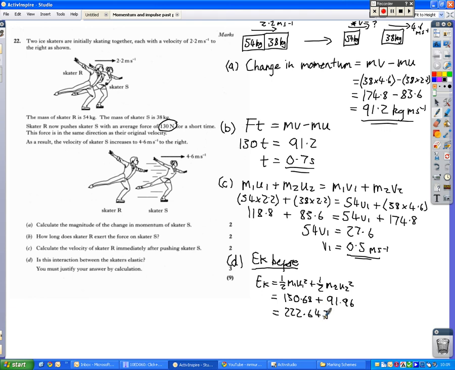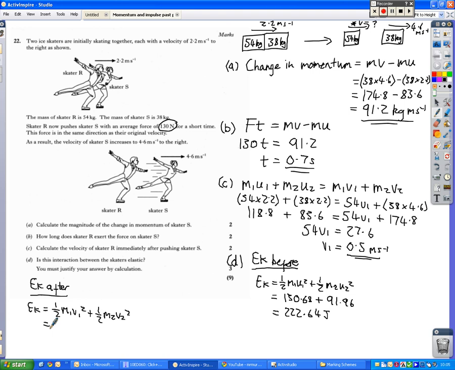So that's your EK before, and the EK after, we'll just scribble in down here. That's going to be a half m1v1 squared plus a half m2v2 squared.